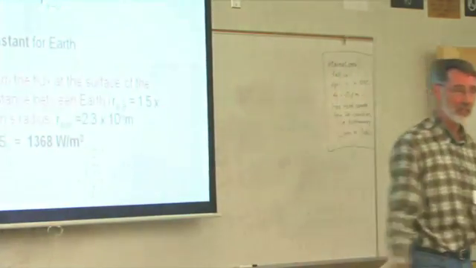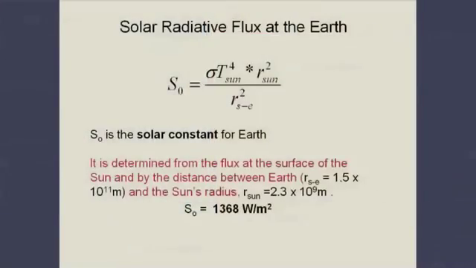It spreads out over a sphere, which is the radius of the Sun-Earth orbit. So that reduces the intensity of the Sun's watts per meter squared by this large factor. The radius of the Sun-Earth orbit is about 10 to the 11th meters, and the radius of the Sun is about 10 to the 9th meters, so you get this number here, approximately 1368 watts per meter squared.